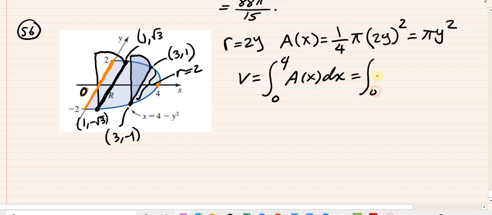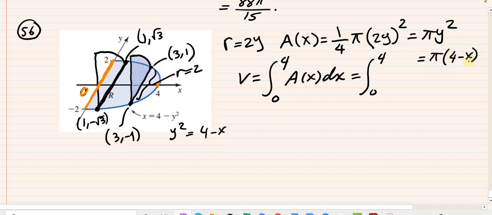Now I've said x, but I have y here, right? I'll fix that in a moment. In fact, let me do it up here. If x is 4 minus y squared, therefore y squared is going to be 4 minus x. True? And that's pi times 4 minus x.